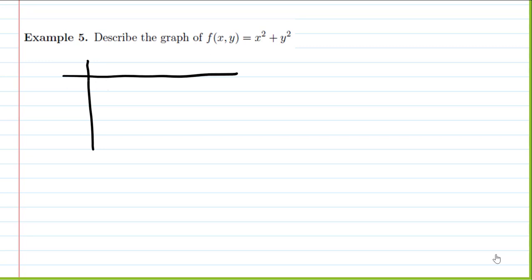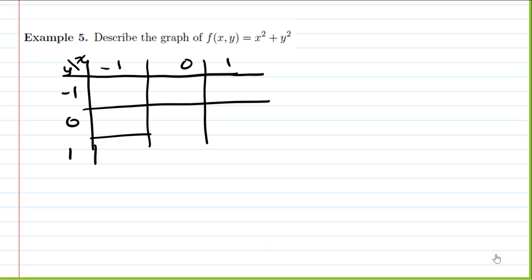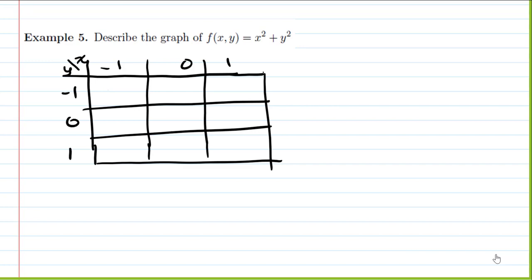We talked about how to do that in Excel last time. So if we put our x's up here and our y's down here, we could make a table of values, -1, 0, and 1, leaving ourselves a little bit of space. And doing the same thing here, -1, 0, and 1. And we could actually evaluate our function at those different values to see what we get.